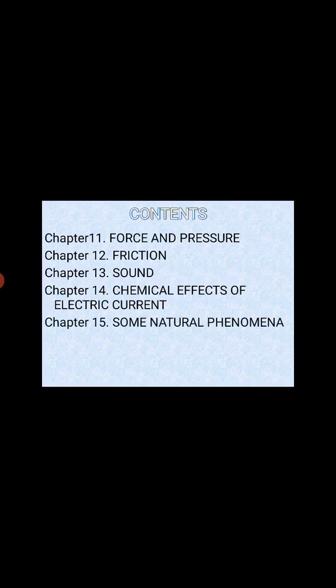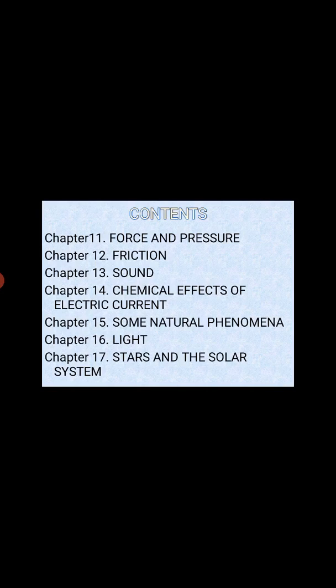Sixth chapter is chapter number 16, Light. And the last chapter is chapter number 17, Stars in the Solar System. So there are a total of 7 chapters that come under physics.